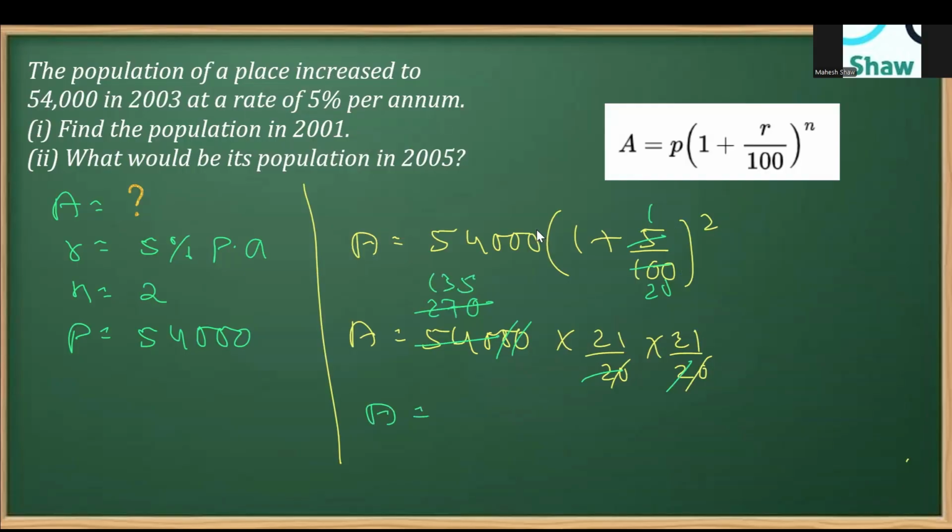So finally we'll get this as 135. 21 square is how much? 441. So we'll be multiplying 441 with this to get the amount, which is 59535. So we'll say that the population in this year is 59535. That's how we will do this question.